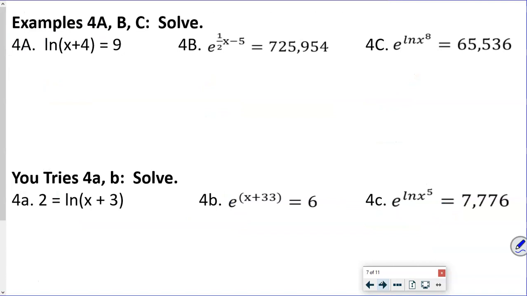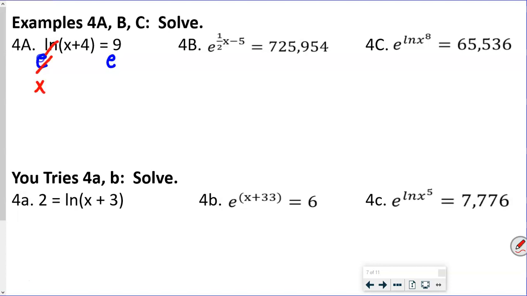Okay. So now that we know that we can put them next to each other to cancel one another out, that's exactly what we're going to do next. We're going to use what we just saw to simplify. So we're going to put an e here, and we're going to put an e here. We're going to take e to the ln. Now what happens to these? They cancel each other out, right?